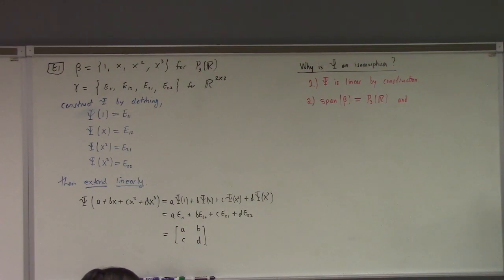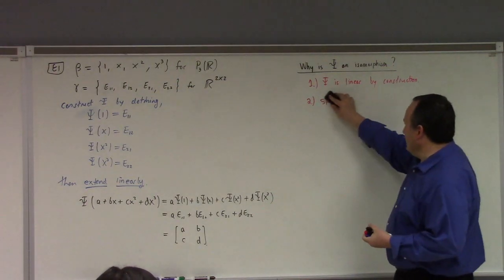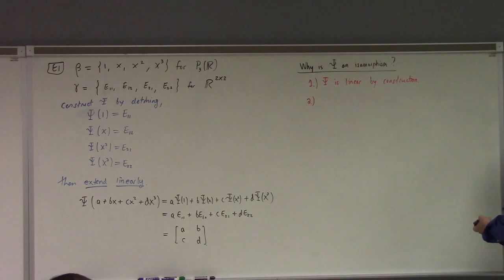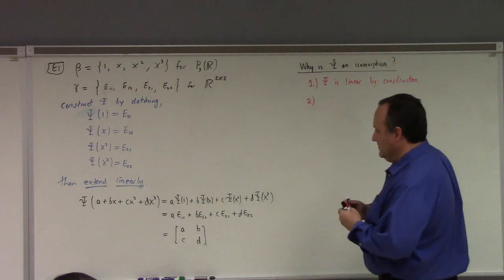In this problem, gamma and beta are both bases for their respective vector spaces, but I'm trying to prove the surjectivity of the map. Let's not try to be super clever here. How would you prove that this map is onto? I think it's not that complicated, is it?